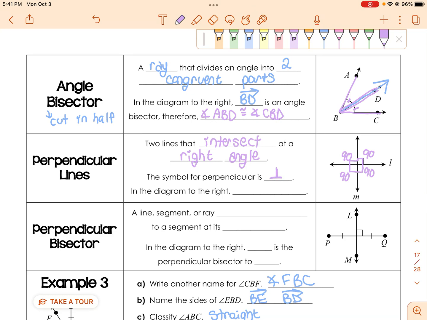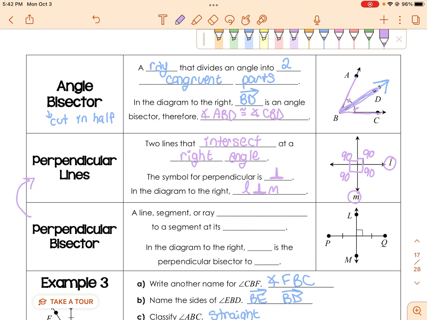The symbol for perpendicular, you've probably seen it before, is this little upside down T. So in the diagram to the right here, we could say that line L is perpendicular to line M. This is just our shortcut way of writing perpendicular because it's a long word.